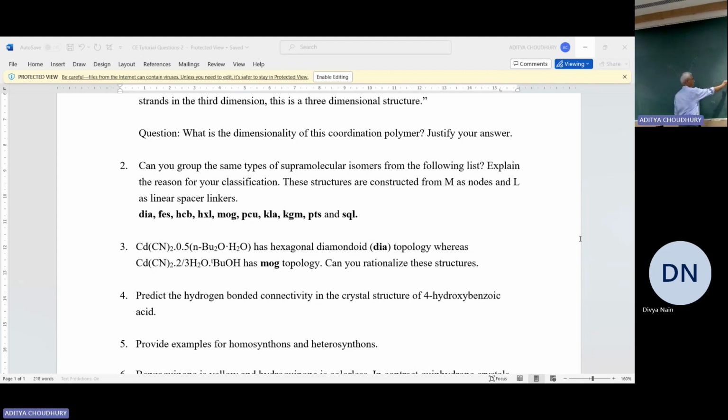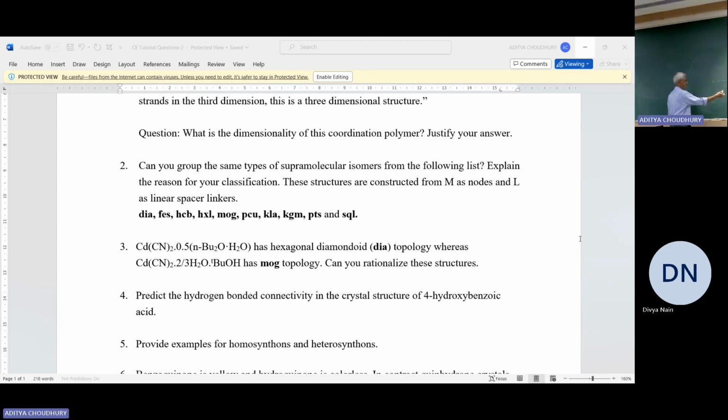Now, can you incorporate water here? The way it is written is confusing, but it is exactly bonded. So now, can you write the formula?